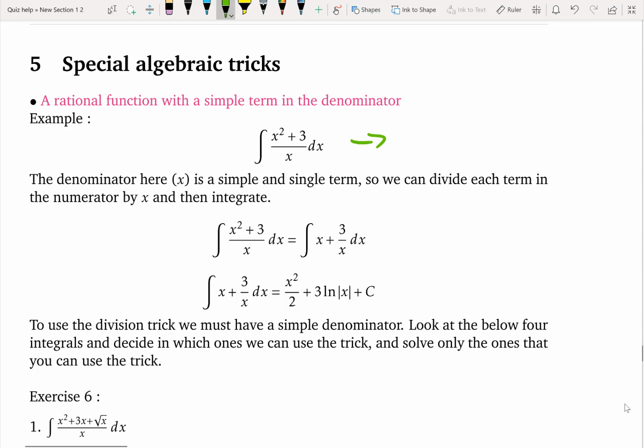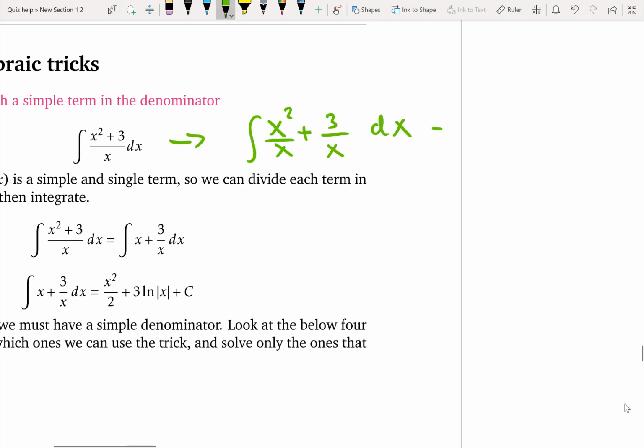In terms of number of terms, what I can do is divide each term in the numerator by the denominator, or split this fraction. How can I do that? I can write it as x square over x plus 3 over x, and then of course dx. Now x square over x is x, plus 3 over x. This is what I get when I simplify.